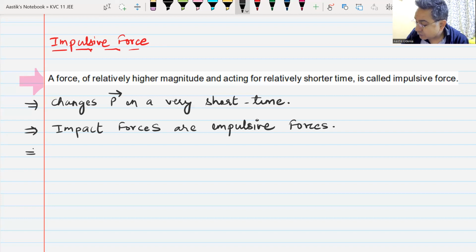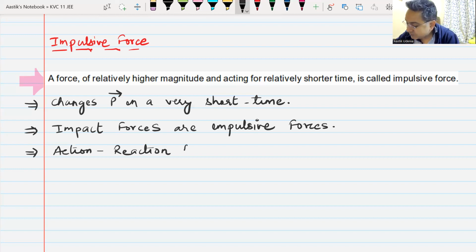Now, these impact forces are always action reaction forces, so they act on both the bodies. That means equal and opposite force will act on the two bodies.